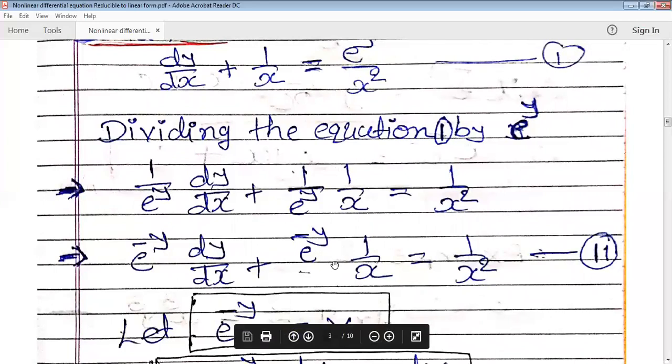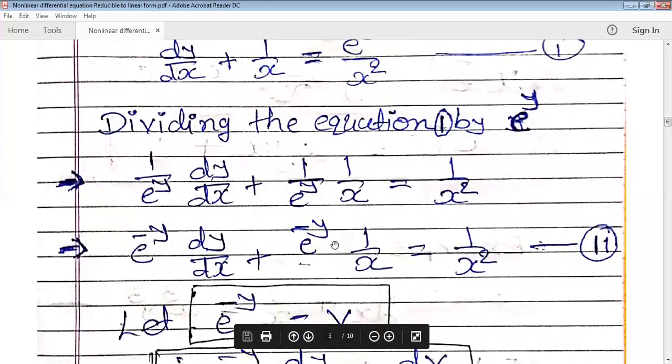Okay. Now, students, here you have to make an assumption. Please make sure what you have to assume. You have to assume the multiple of the function of x into the middle term. What is the multiple of the function of x into the middle term? It is e raised to y.